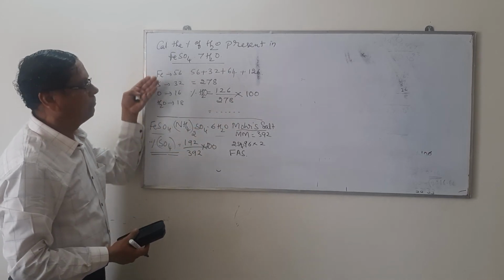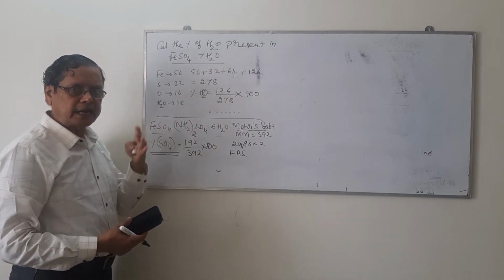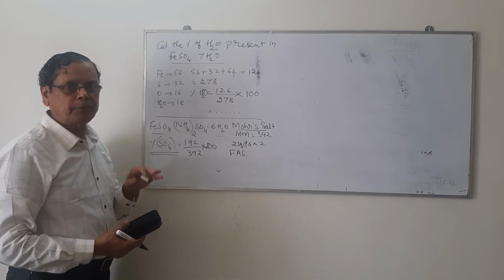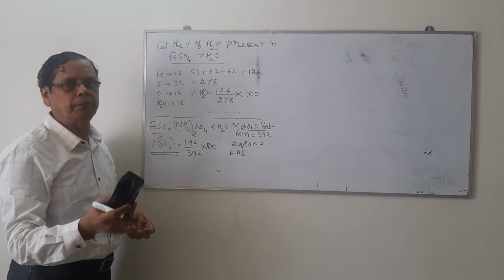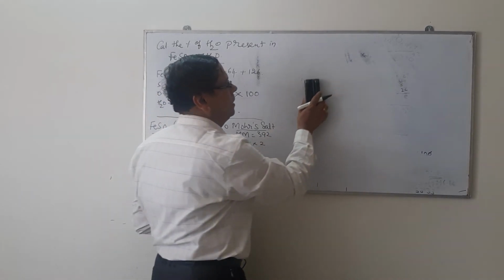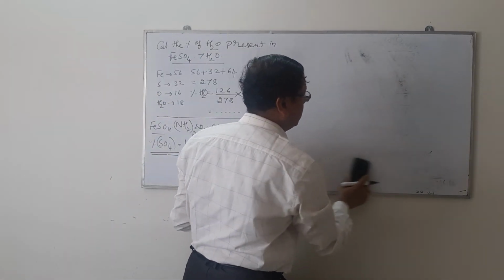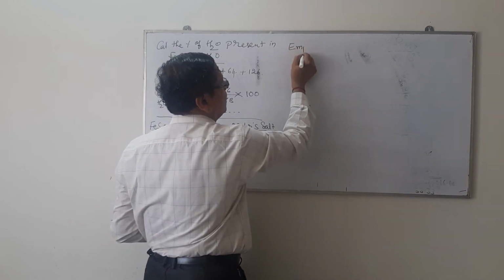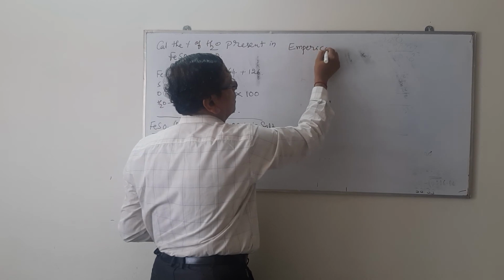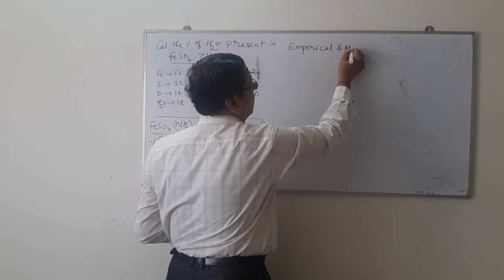So that is one method. Then the second method is using this percentage composition. You can also calculate the next part, that is another topic, the empirical and molecular formula. So we can go for the calculation of the empirical and molecular formula.